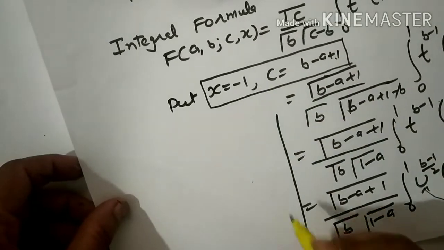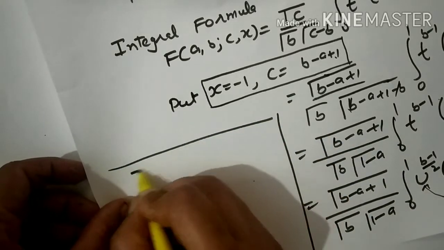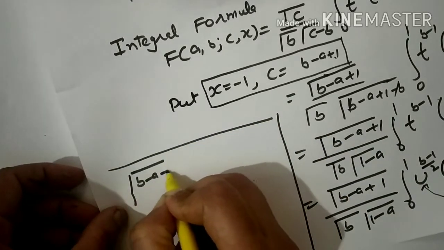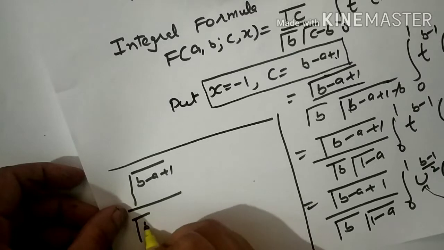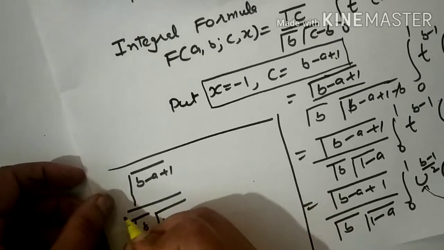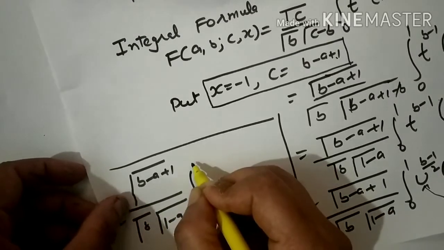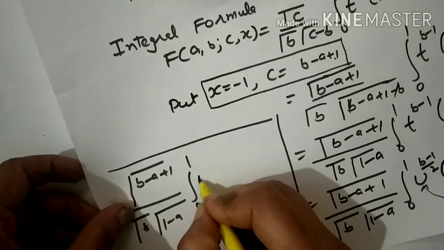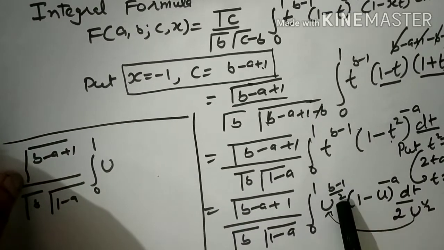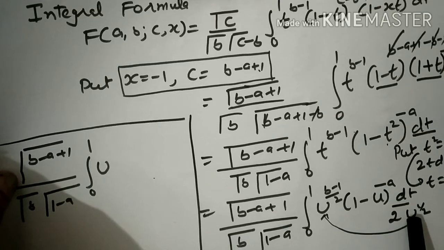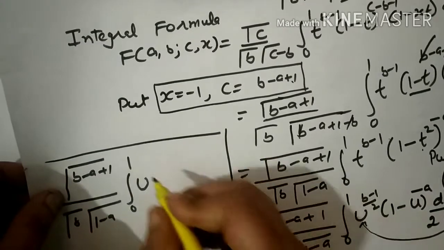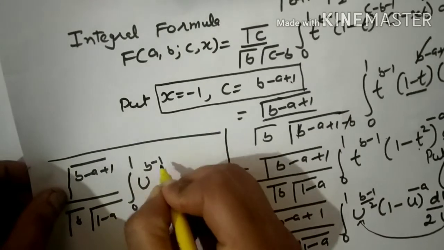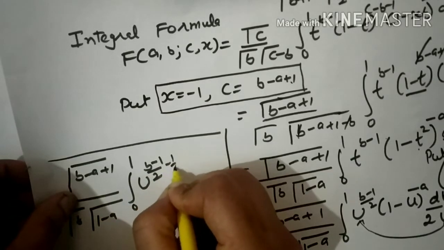So now we will do it here. So we have already b minus a plus 1 upon gamma b gamma 1 minus a, and the rest of the terms are u raised to power (b minus 1) upon 2 minus 1 by 2. So it will be (b minus 1) upon 2 minus 1 by 2.